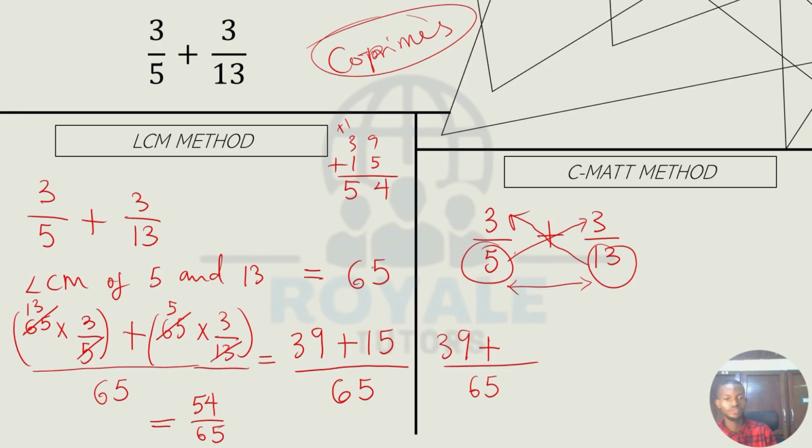So 39 plus 15 will give you 54 over 65. And that is the final answer, 54 over 65.